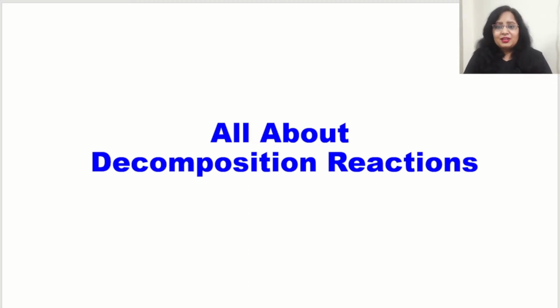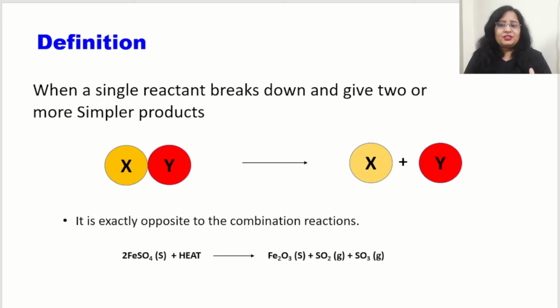So friends, decomposition, as the name suggests, means to decompose, something breaking down into simpler portions. Same here, when a single reactant breaks down and gives two or more simpler products, this type of reaction is called a decomposition reaction.